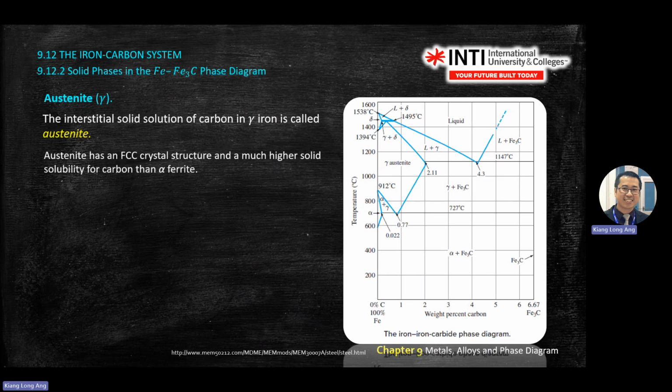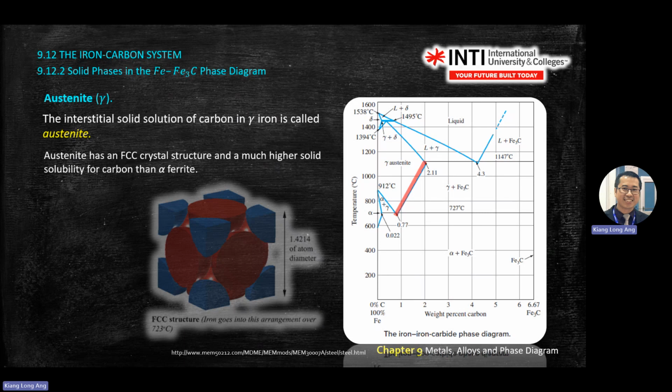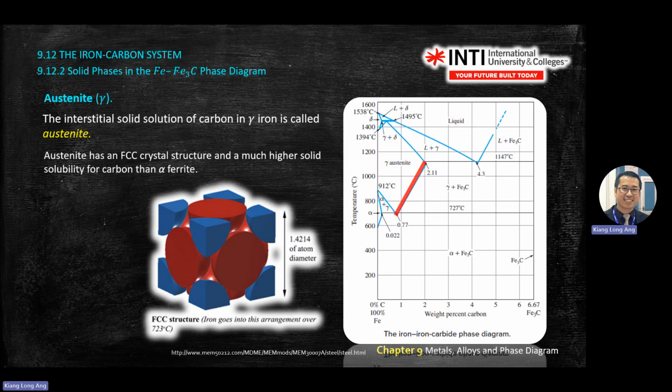Next one is gamma, or austenite. Gamma is over here. So we have this section. It's FCC. BCC changed to FCC.